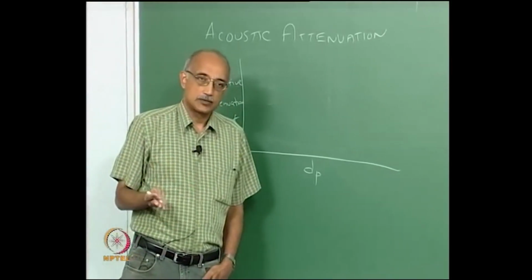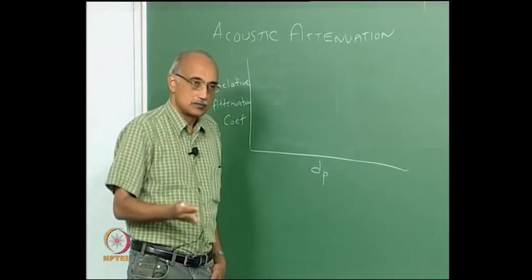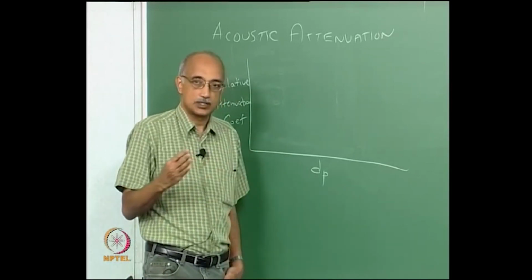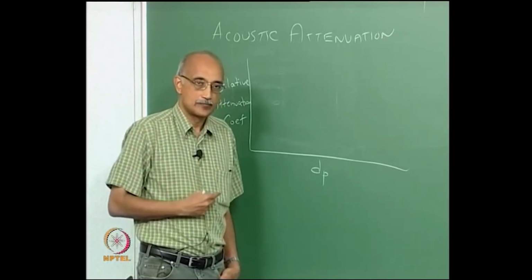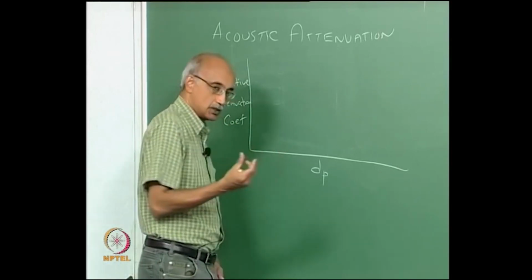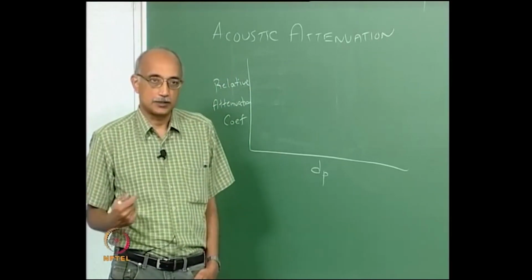If you recollect, when we talked about light scattering, for example, as the particle size increased, the scattering intensity increased as dp to the power 6. So the attenuation also increases as dp to the power 6 in the case of light scattering.